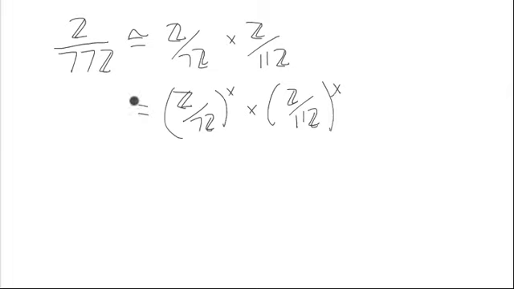So the Chinese remainder theorem actually tells us that we have the same Cartesian product right here as we did up here, even for the multiplicative groups.